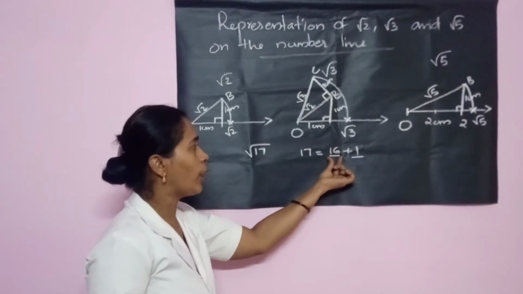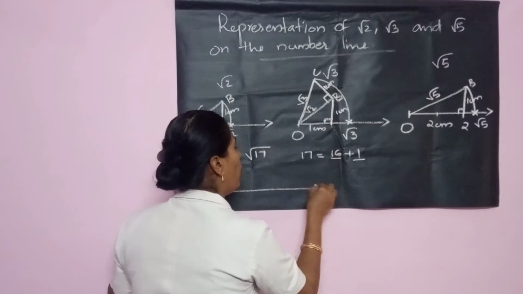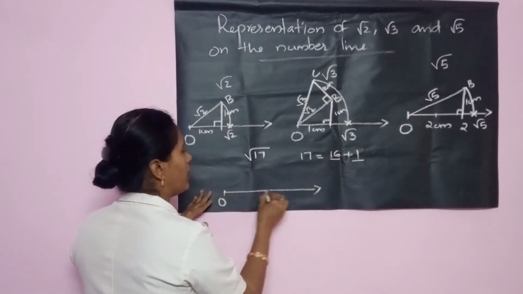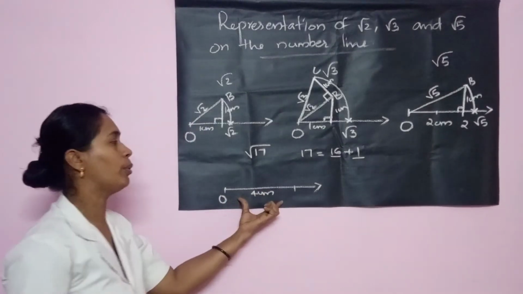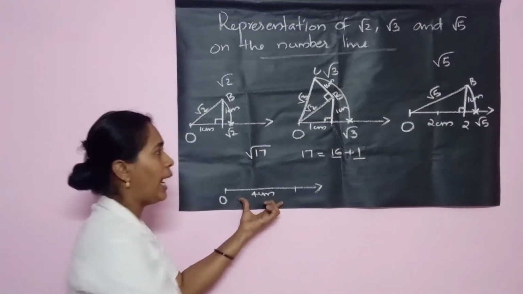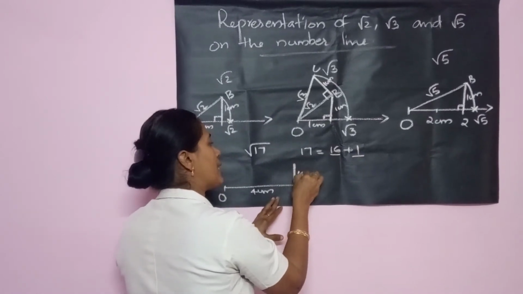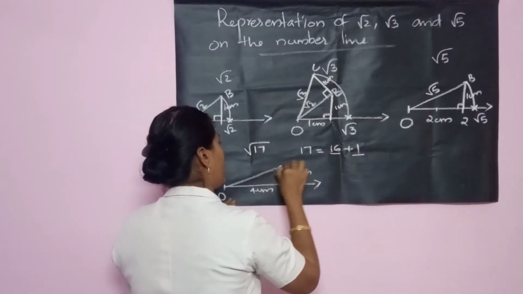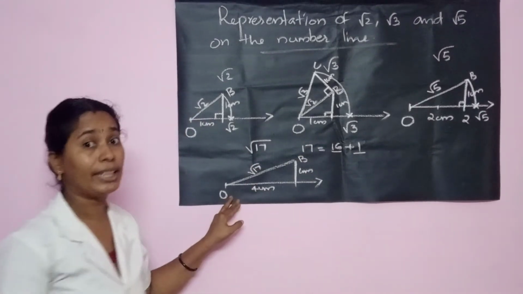The square root of 16 is 4, so you take a 4 centimeter distance as your base. The square root of 1 is 1 itself, so this is your 1 centimeter. If you join, OB will be of length root 17.